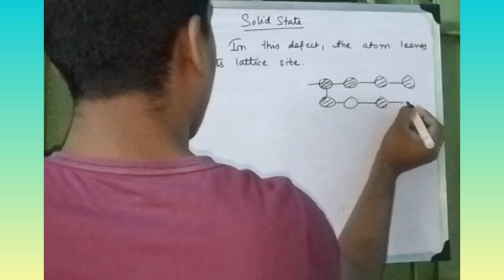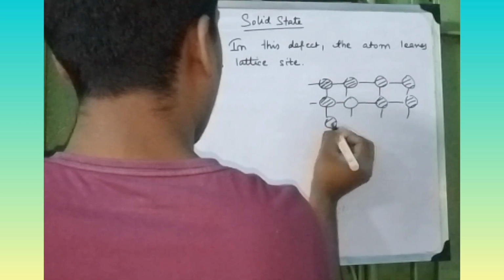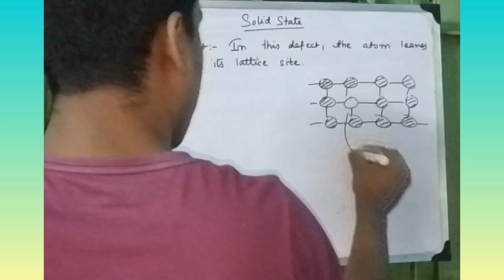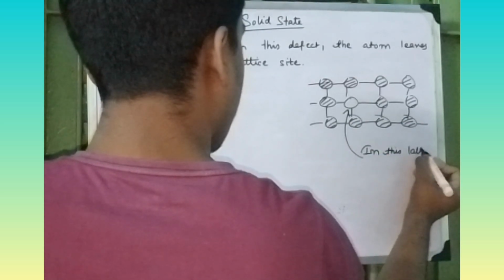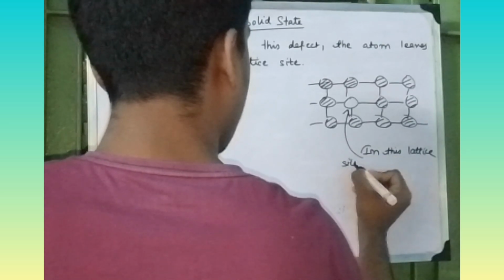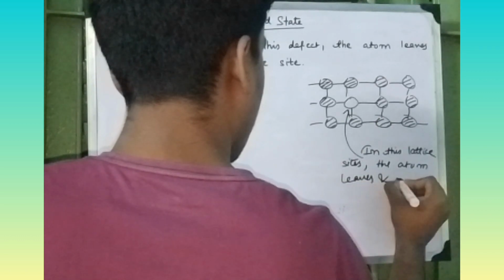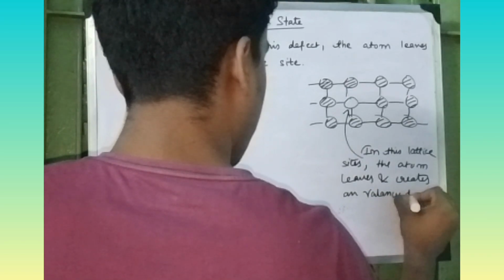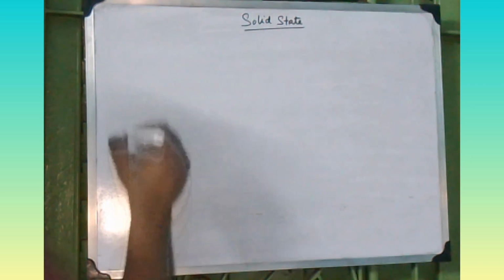For that, we have to create a chain of atoms linked with each other. The center one, pointing in the middle, is the atom which has already left its lattice site to form this type of defect. To understand this more briefly, I will show you with an example.